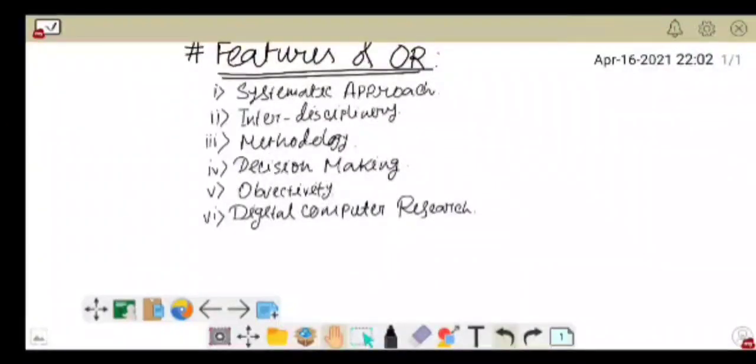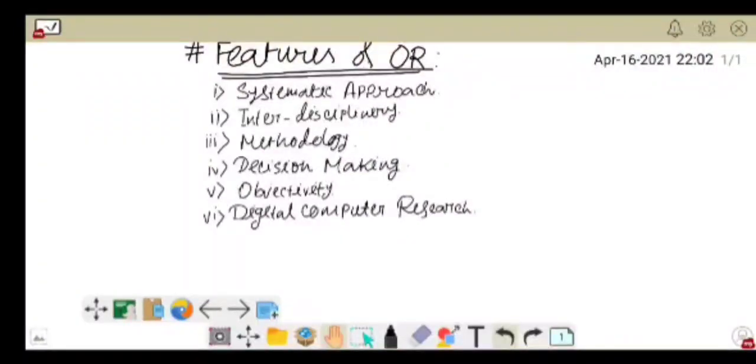Without objectivity there is nothing in the world. In this particular topic, objectivity is going to force you to do this subject with limited resources and maximum achievement. So this is the objectivity of that subject.